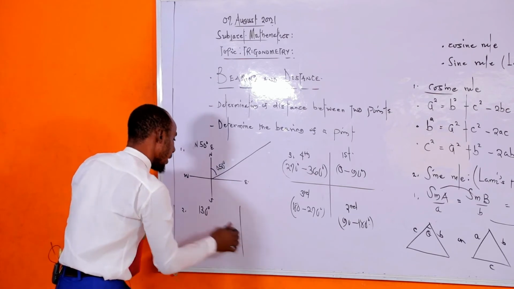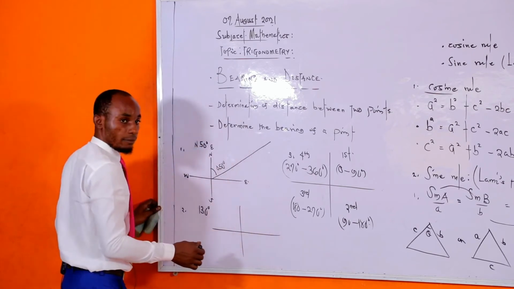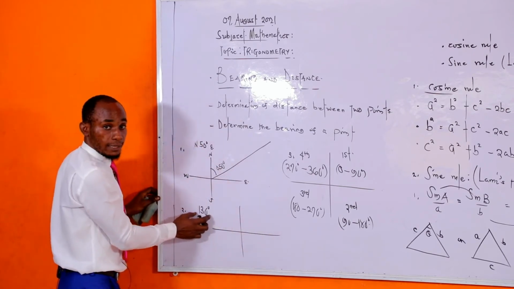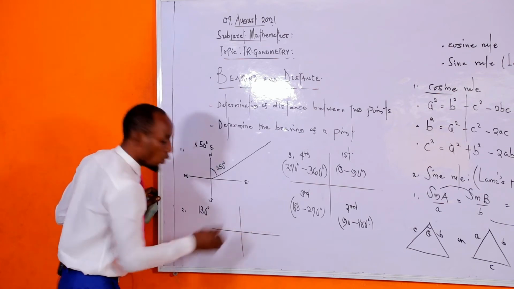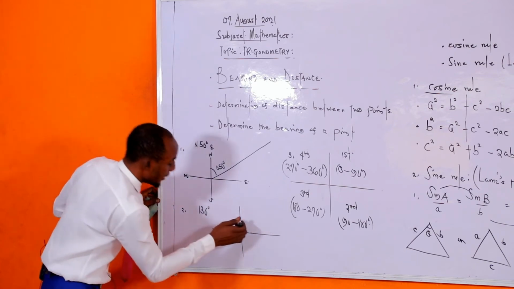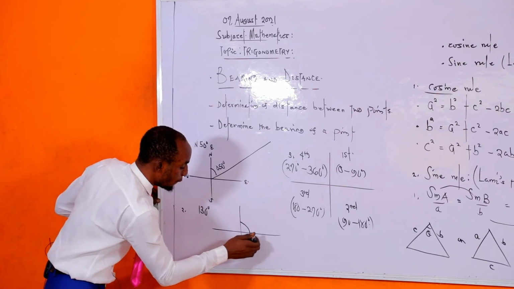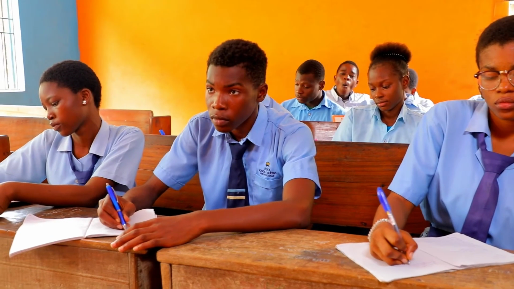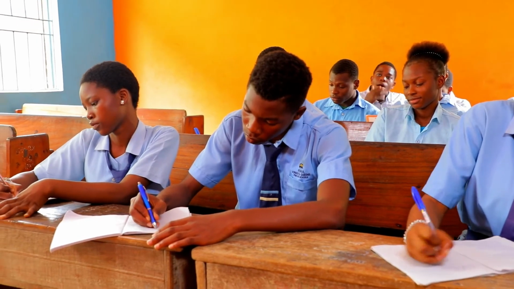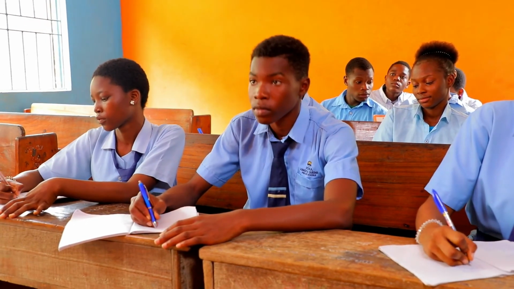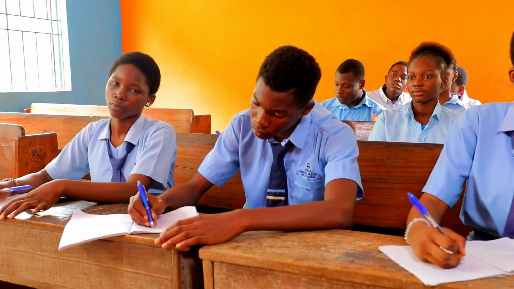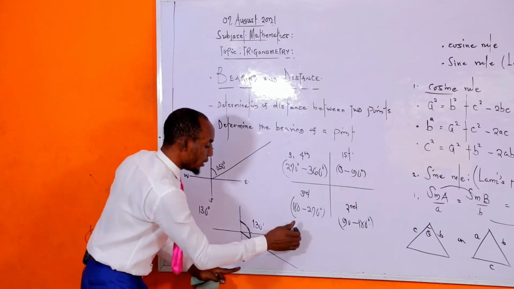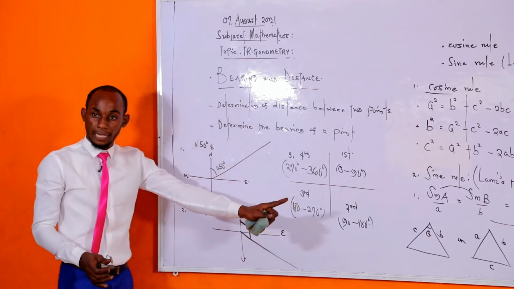Now, how do we draw that? Remember, it is 130. From here to here should be 90 degree. Then 90 plus 40 gives us 130. So this should be 130 degree. You can see the bearing falling along the southeast direction. You see that?